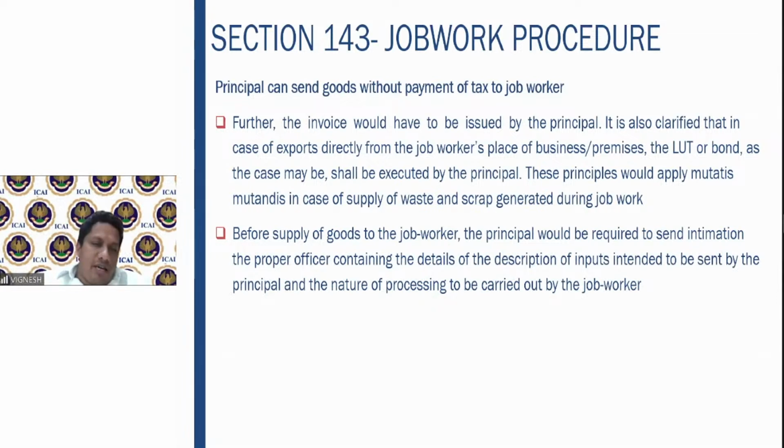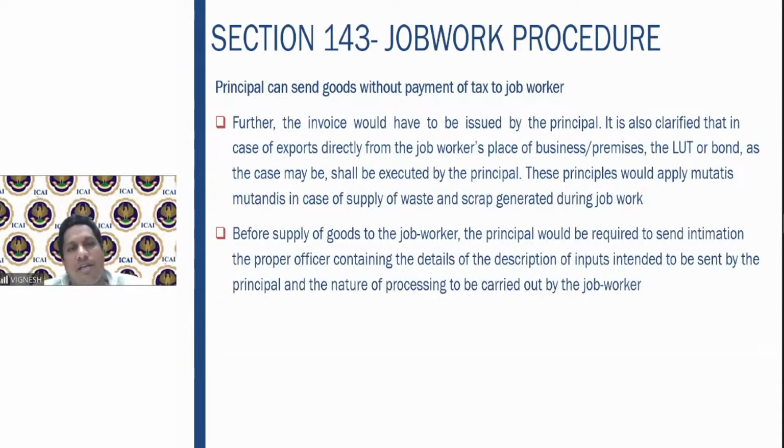It is clarified here that the LUT also is to be generated by the principal only. Just because it goes outside the country from the place of the job worker, it doesn't mean the LUT has to be executed by the job worker. The LUT has to be executed by the principal. Fine. Even with regard to supply of waste and scrap which is generated, the same principles will apply.